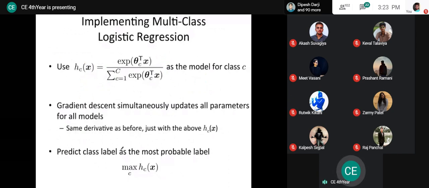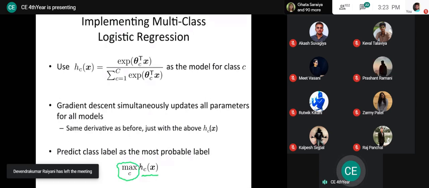And all the other computation, or all the other equations, remain the same. The only change is that from all the final results, or you can say from all the probability values, we will select the one with maximum probability as the final answer, or you can say as the final prediction, or as the final class. Right? And once again, recall that for all C values, the summation is 1.